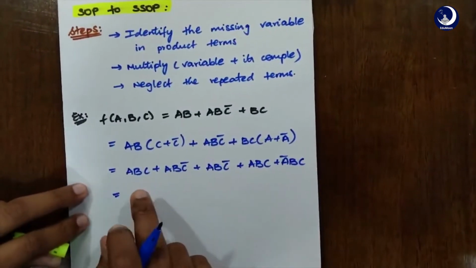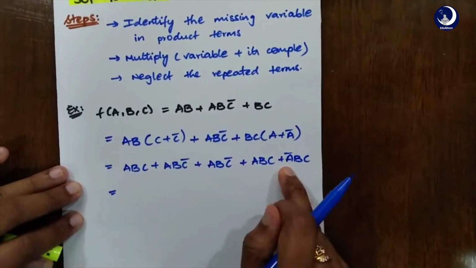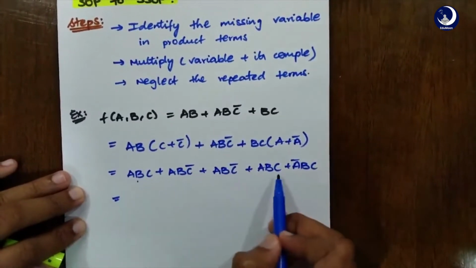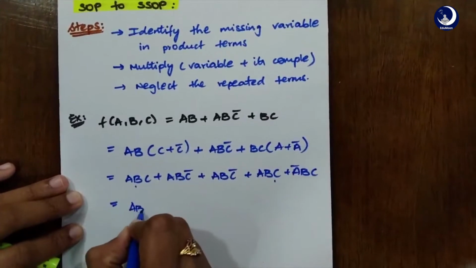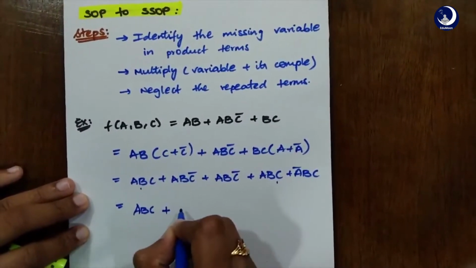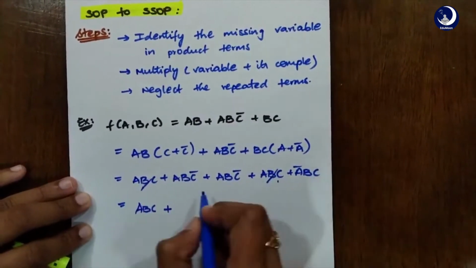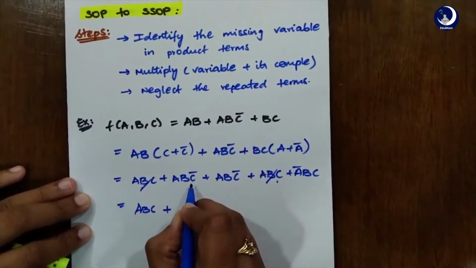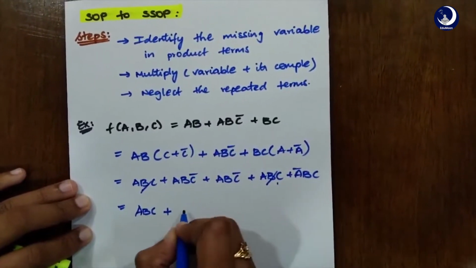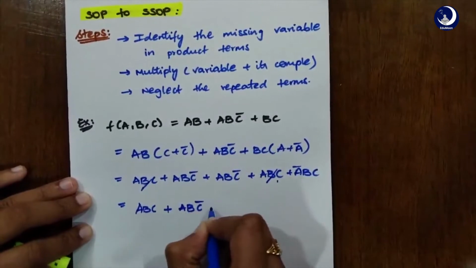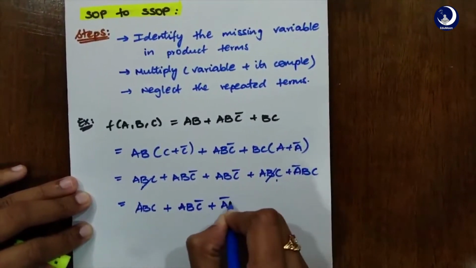Now, are there any repeated terms? Just check the entire statement. abc is there twice, so just write it once, it's enough. And we have abc bar twice, so only once is required: abc bar plus a bar bc.